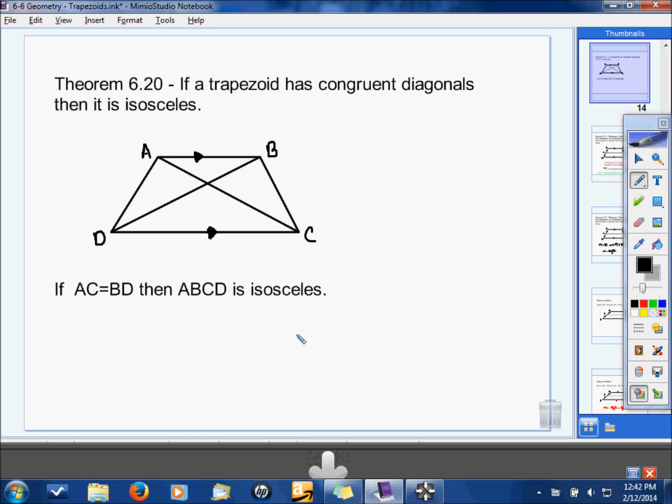Now remember, just like some of the other theorems, the value in that is because then you know everything else about isosceles trapezoids is true. It tells you what angles are congruent. It tells you that you've got AD congruent to BC. So it just tells you a whole bunch more information. So it's useful to know you have an isosceles trapezoid.